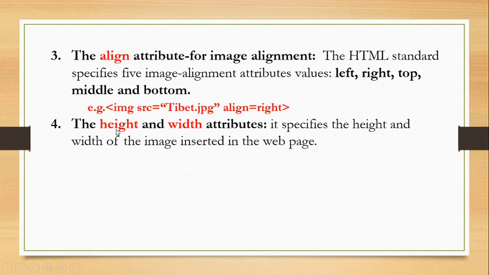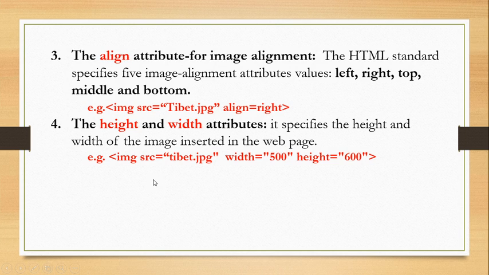And the fourth one is height and width, and these values specify the height and width of the image. If we mention height and width, at that time you can increase the size of the image, or you can decrease the size of the image by using this height and width attribute or property of the image tag.